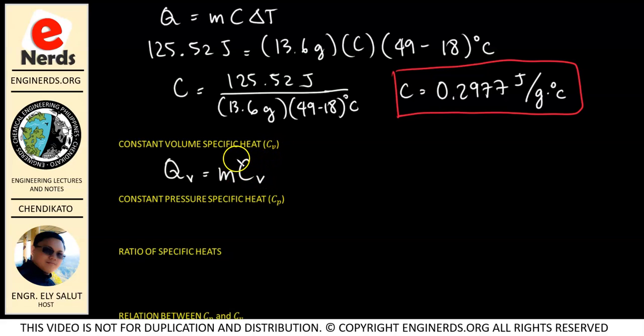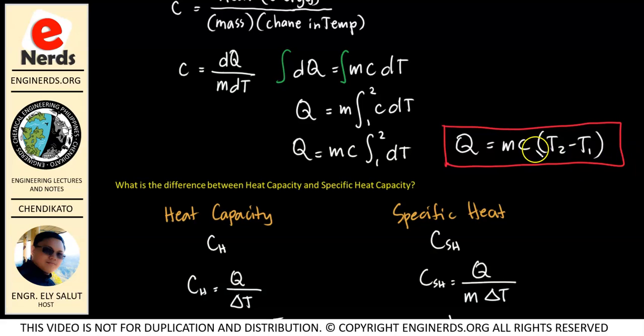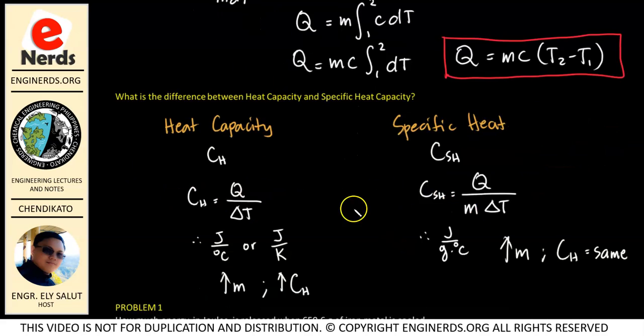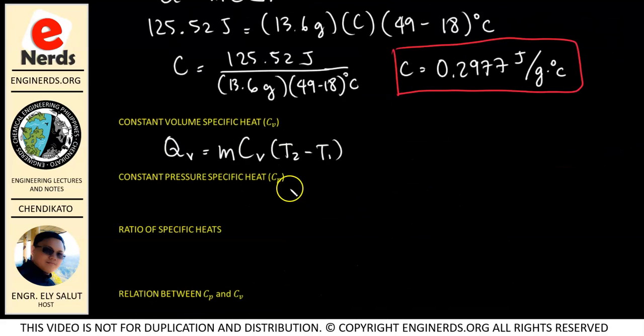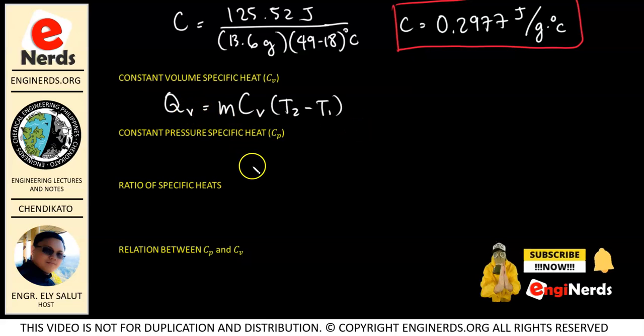So, our specific heat at constant volume is CV. Okay? And this is multiplied to T2 minus T1. So, as you can see, pareho lang naman yan ng ating equation dito, no? Kaya lang, kapag nasa constant volume tayo, our specific heat here will be CV. Okay? So, that is why we have here QV is equal to MCV times T2 minus T1.